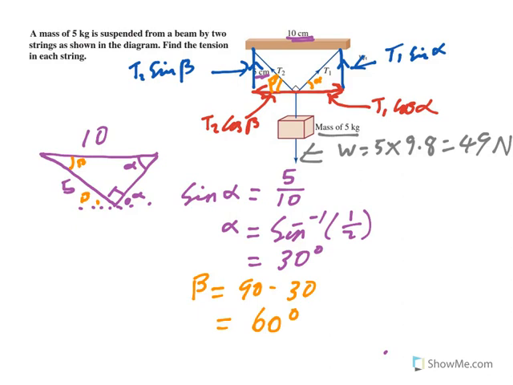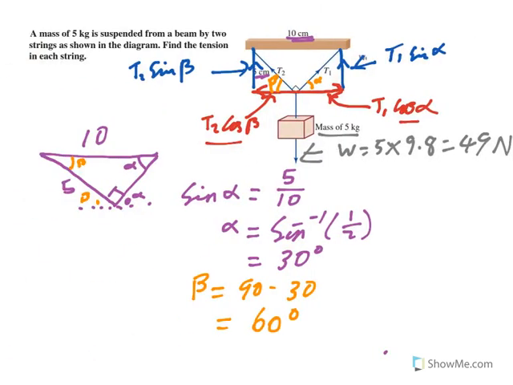So horizontally, we've got these two red ones. So horizontal, T2 cos beta, so T2 cos 60 equals T1 cos alpha.